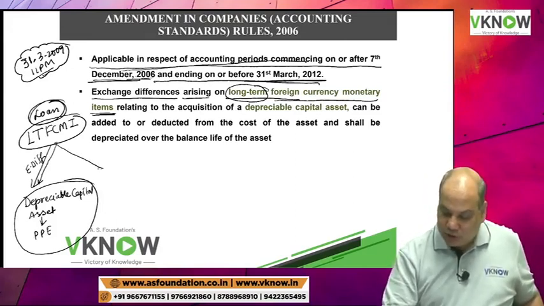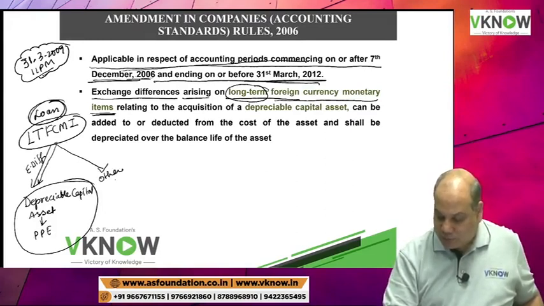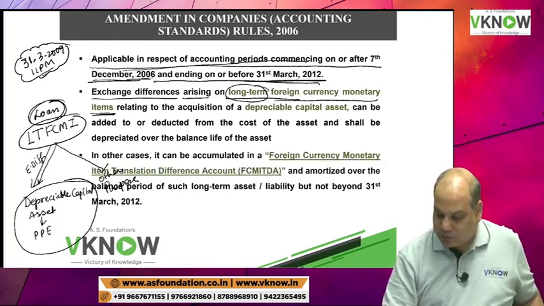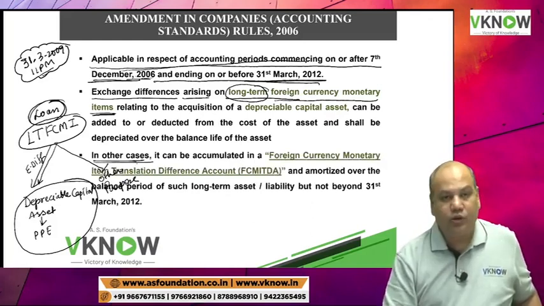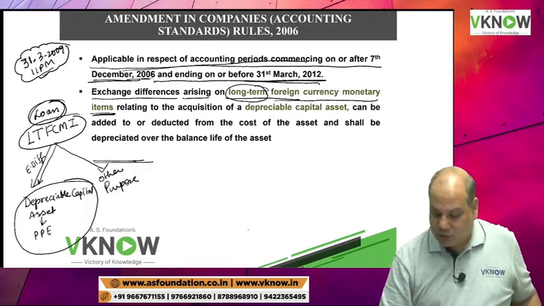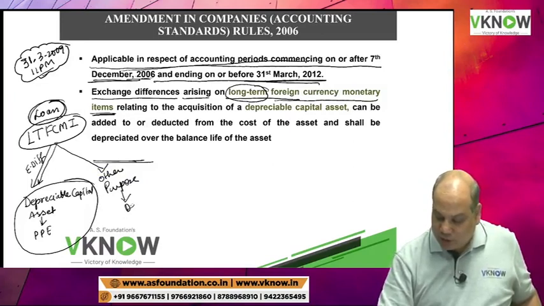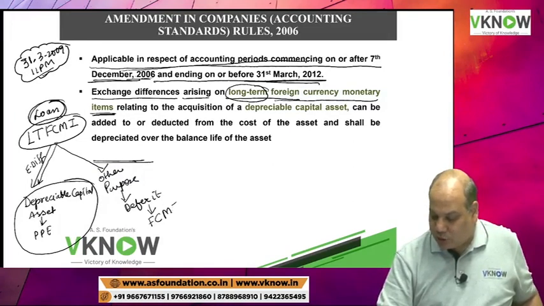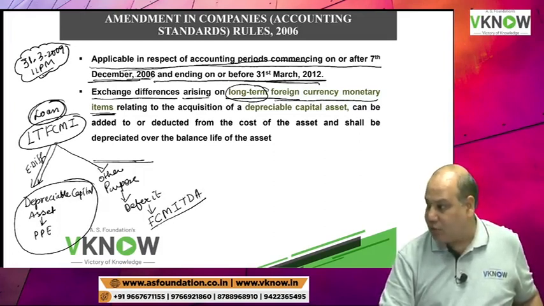And if the loan is taken for other purpose, second line here, then what you will do? Don't charge it to P&L account immediately. Rather, you will defer it under a heading called Foreign Currency Monetary Item Translation Difference Account, FCMITDA account.